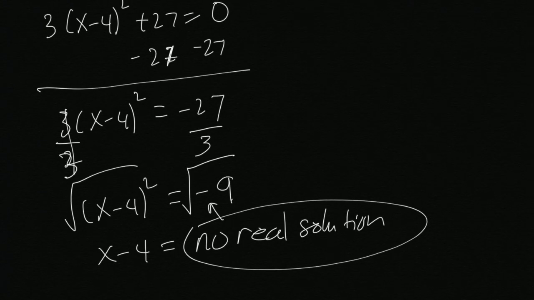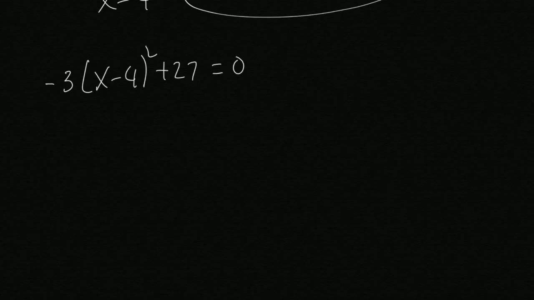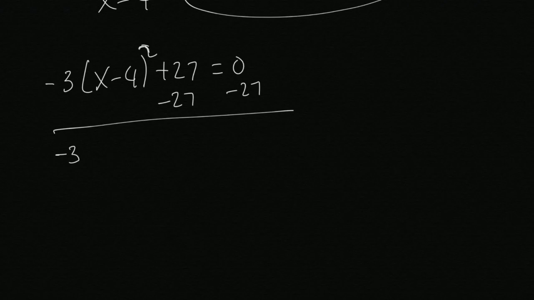If I take the same equation but I make a small change to it, i.e. I make it negative 3 times (x minus 4) squared plus 27 equals 0. It looks basically the same, but that small change actually leads us to an equation that can be solved. So if I subtract 27 like I did before, I get negative 3 times (x minus 4) squared is equal to negative 27.